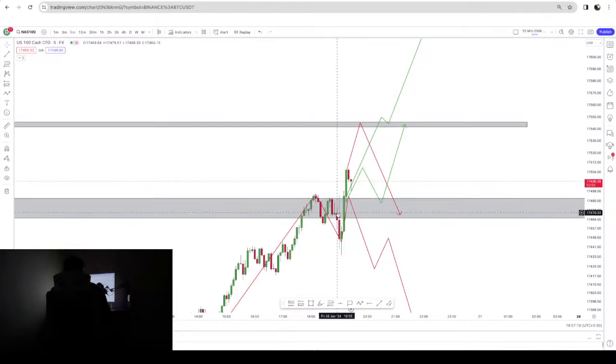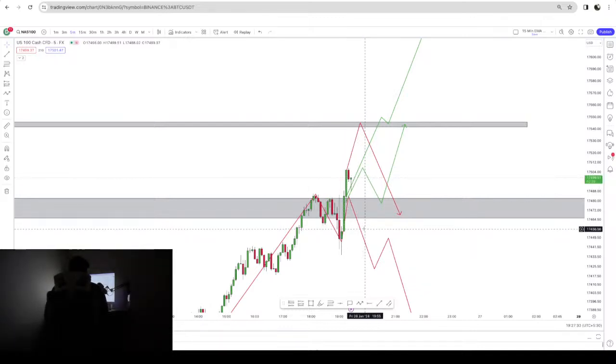And many sellers would have been trapped already here because most people would have sold at this candle, thinking of this as a double top, and then the market came to hunt all the stop losses at this zone. So it is quite possible now it will fall. But sometimes this reverses also, and it reverses too rapidly that it just pushes you out of the market in a matter of seconds.